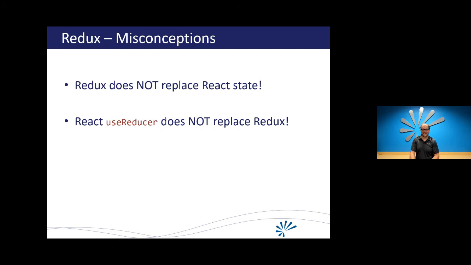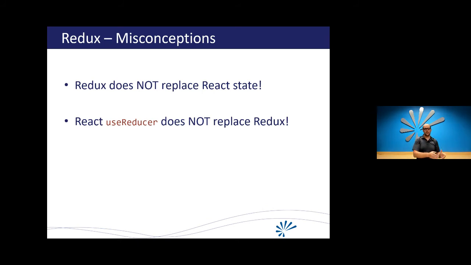So the other hook I said, use reducer, the use reducer hook. When React hooks launched, all of a sudden there was a slew of people writing blog posts saying, you don't need Redux, you can just use reducer. And it's like, yes, you could totally use reducer, and they're functionally almost identical. The difference is use reducer is not global state.